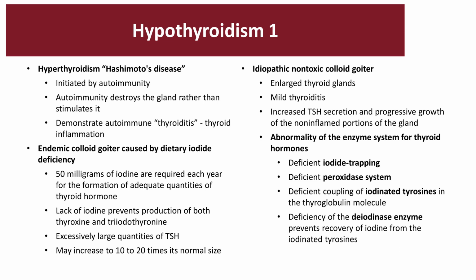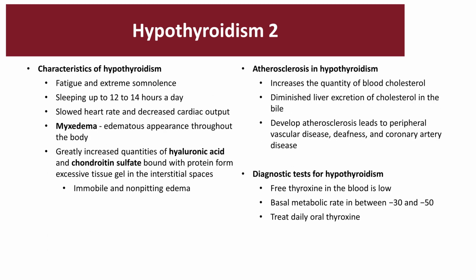There could also be a deficiency with the peroxidase system, where there is no ability to convert. There could also be an issue with the iodination of the tyrosine, so it cannot create a thyroglobulin molecule. Or there could be a deficiency with the iodinase enzyme that prevents a recovery of iodine to recycle back some of the other iodine. The hallmark symptom is going to be myxedema.